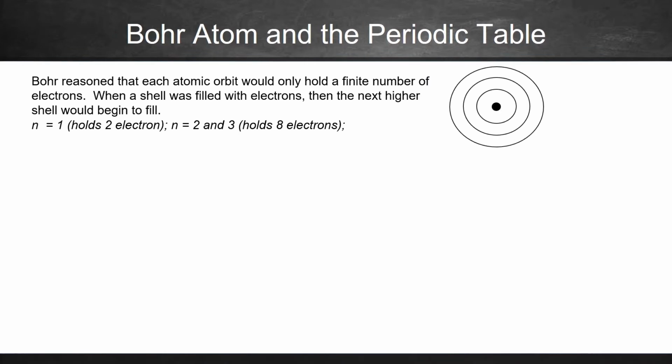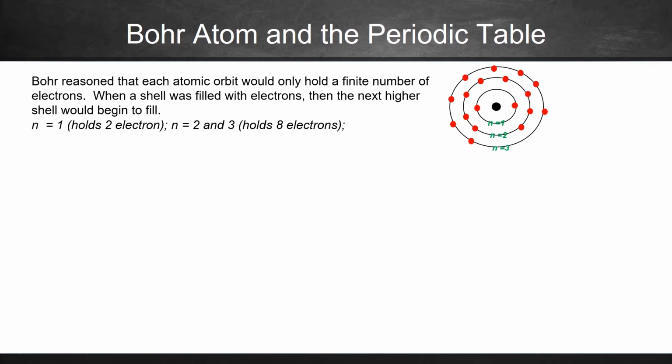Bohr reasoned for ground-state atoms with more electrons than hydrogen that each atomic orbit should only hold a finite number of electrons. When a lower energy orbital shell filled with electrons, then the next higher shell would begin to fill. Now, he proposed that the orbit with the principal quantum number equal to 1 would only hold 2 electrons maximum, that the n equals 2 stationary state would hold 8 electrons at most, and the n equals 3 orbit would hold only 8 electrons.